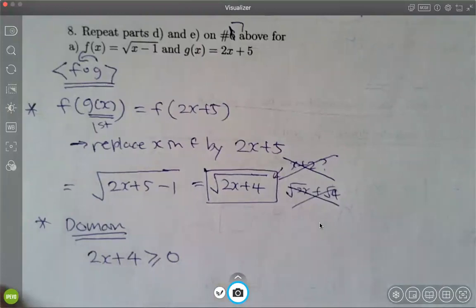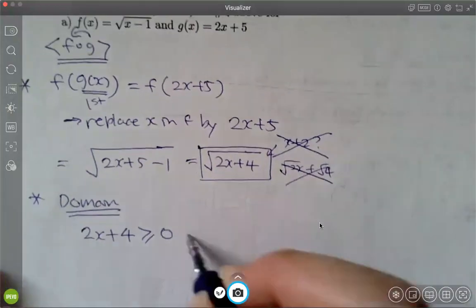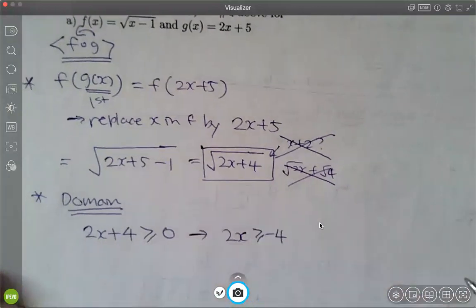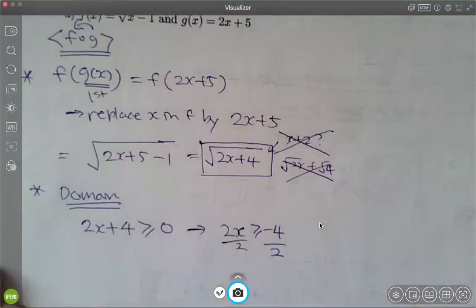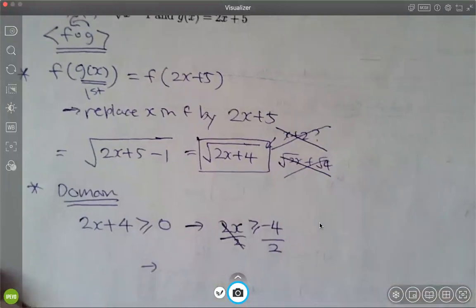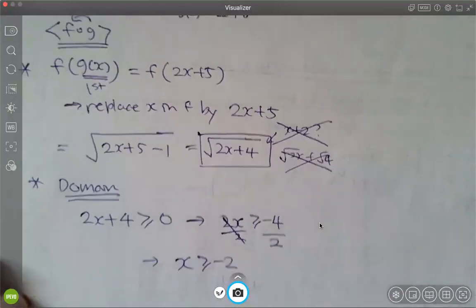And then you solve. You minus 4, so you get 2x is greater than or equal to negative 4, right? And then divide by 2. Change the sign or no? No, right? So what do you get? X is greater than or equal to negative 2.